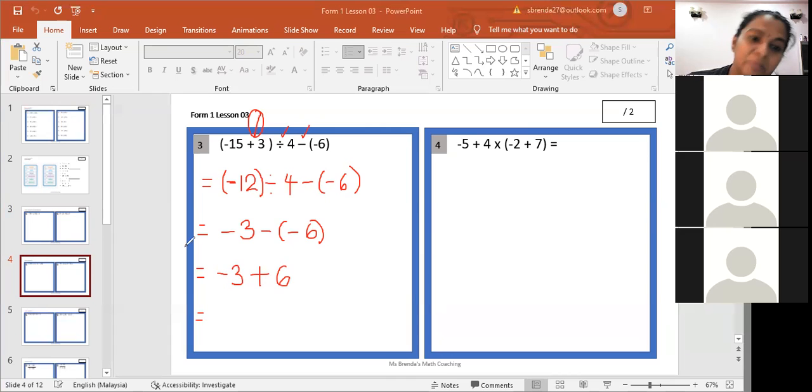Negative 9? No. Remember, negative means you are using the weights. You are down, and you are going to go up 6. Where do you reach? Positive 9? Why go to 9? You see, remember, this is your negative 1, negative 2, negative 3.